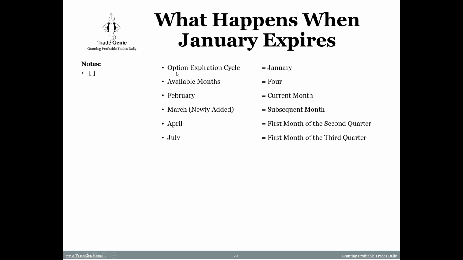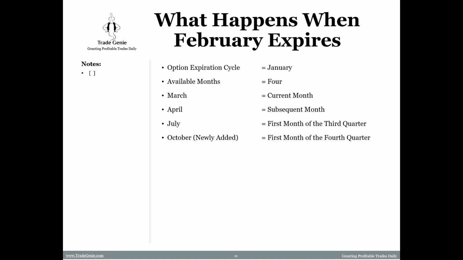Because this stock was assigned to a January cycle, and January is the first month of the quarter, we will get the first month of the second quarter and the first month of the third quarter. So after January expires, we will see February, March, April and July. February and March, where March is newly added, then April and July.